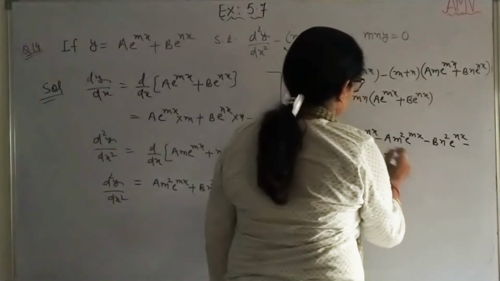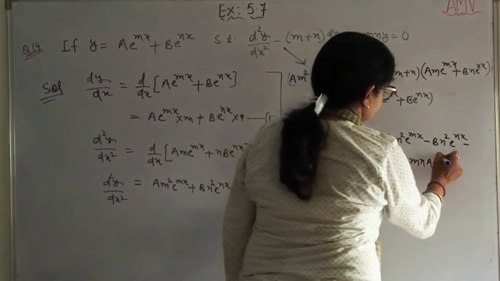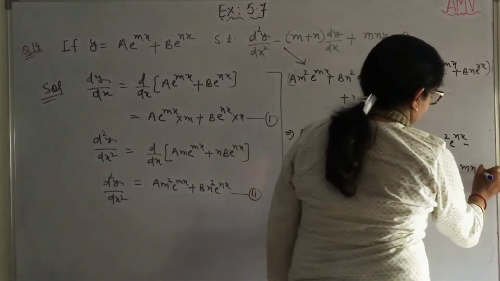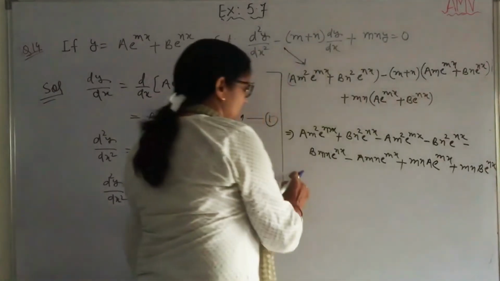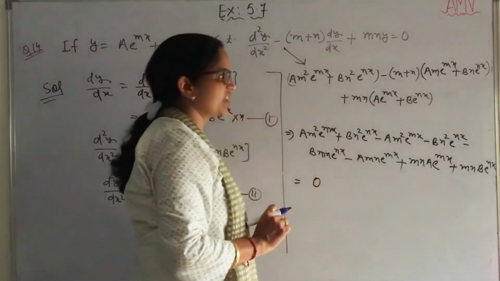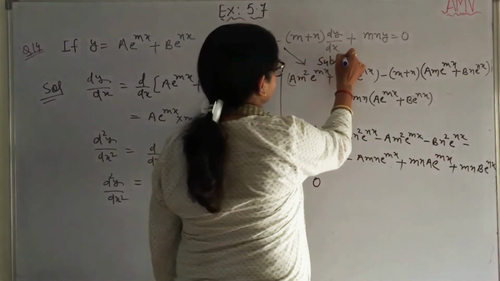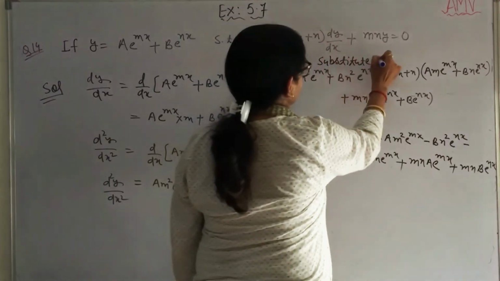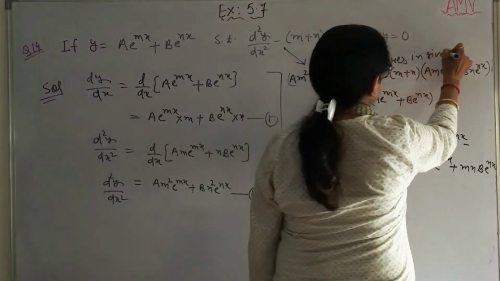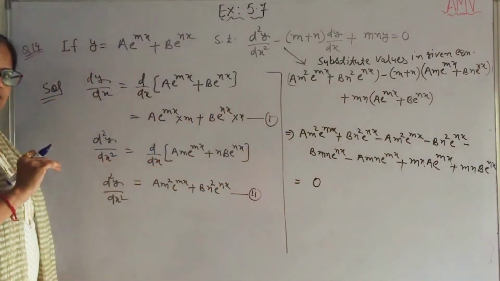Okay, and now plus, multiply this bracket, it is m n a e raise mx plus m n b e raise nx, and now see that all terms cancel and you will get 0. Okay, so here you have to write, substitute values in the given equation. It's the solution of this question.